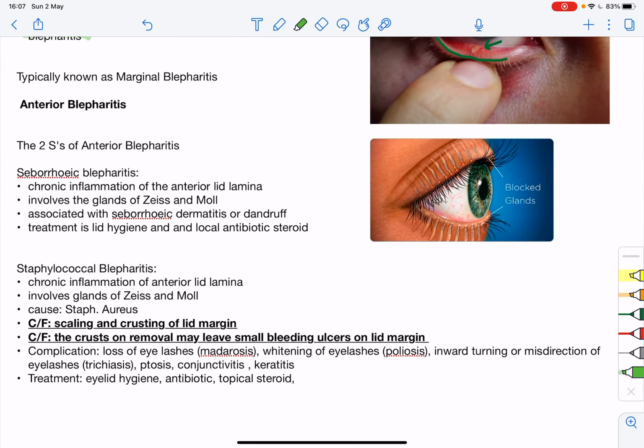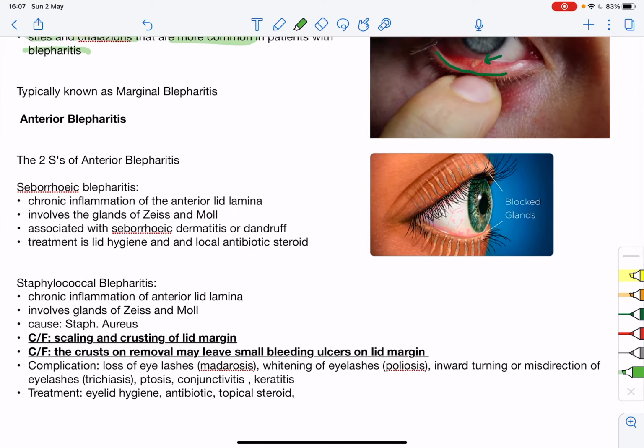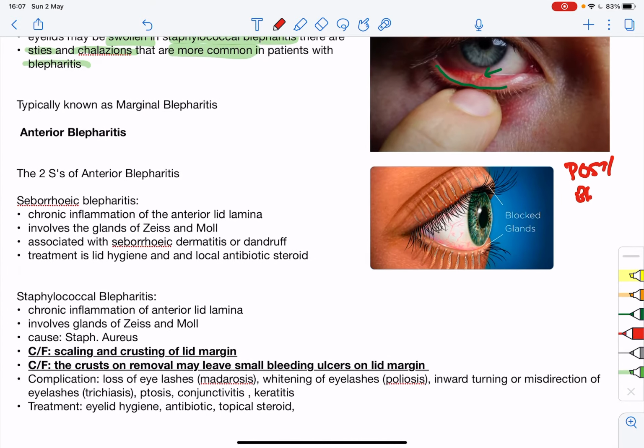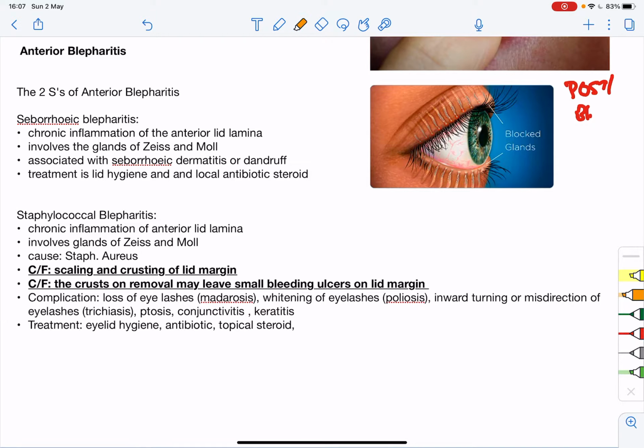Now, these images are actually for our posterior blepharitis, so don't consider them right now, okay? Anterior blepharitis, I like to think of as the two S's of anterior blepharitis, which are seborrheic and staphylococcal. So there's two types of anterior blepharitis, and those include seborrheic and staphylococcal.